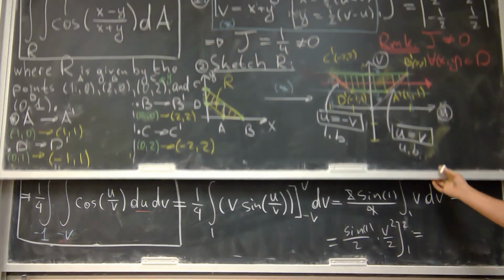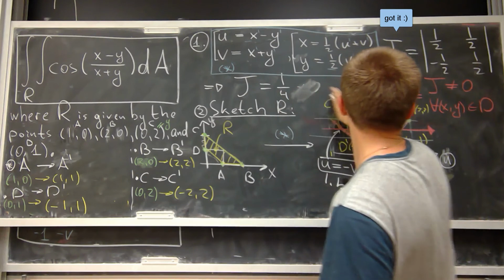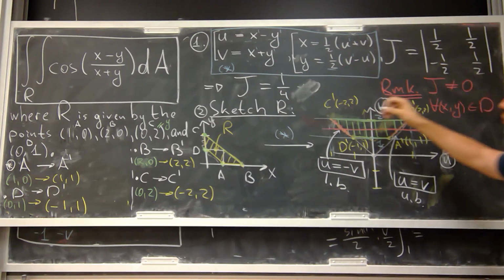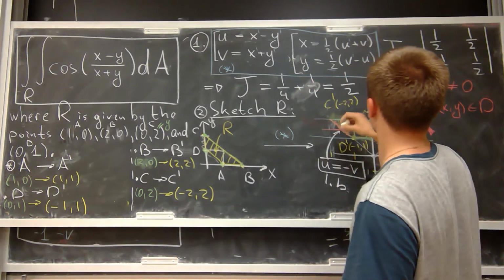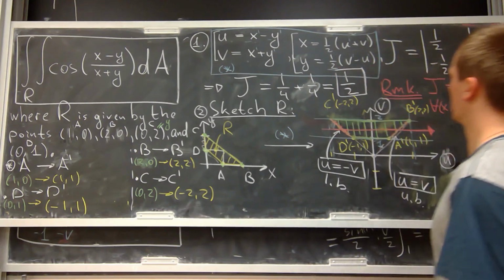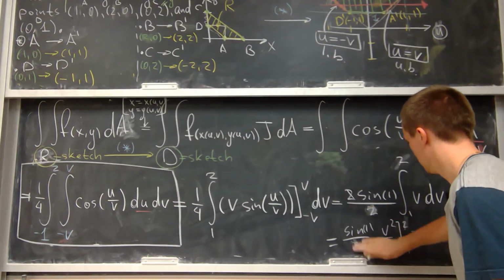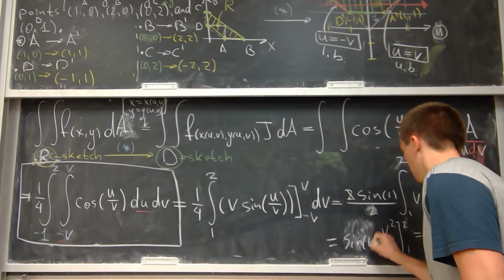There's one really important mistake. My Jacobian is not 1/4, my Jacobian is going to be 1/4 minus minus 1/4. So it's going to be plus 1/4, so it's equal to 1 over 2. So instead of this 4, I have 2. So 2 and 2 will get cancelled and I will have just sine of 1.